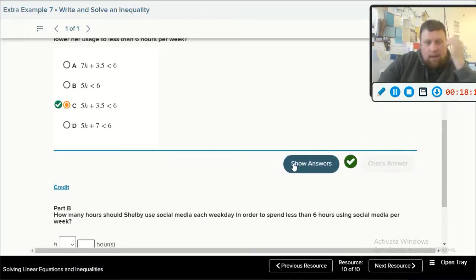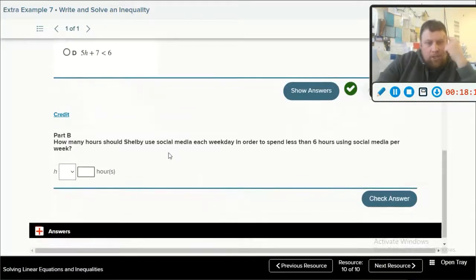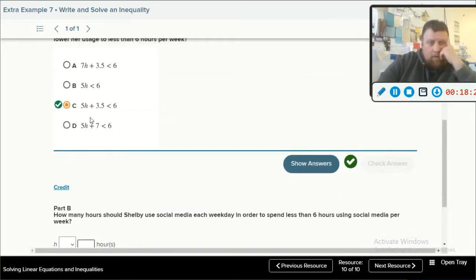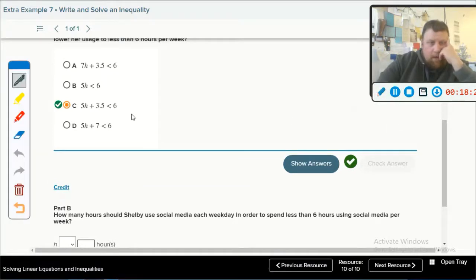How many hours should Shelby use social media each weekday in order to spend less than 6 hours using social media per week? Okay, now we need to go solve this equation. So let's solve it. Again, we're just going to subtract 3.5 from both sides. It actually is minus 3.5, which is going to be 5h is still less than, what is that, 2.5?